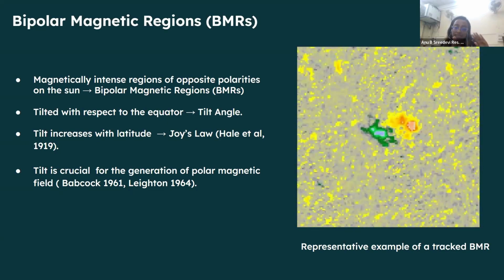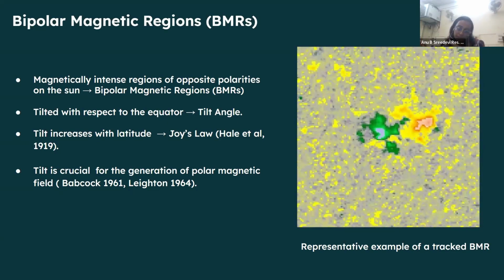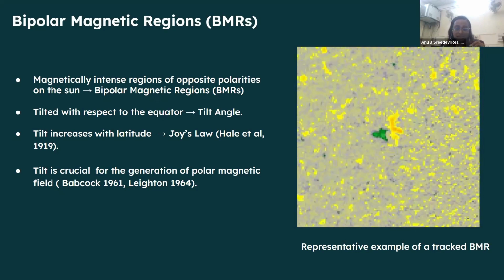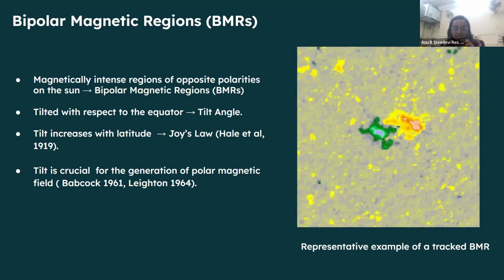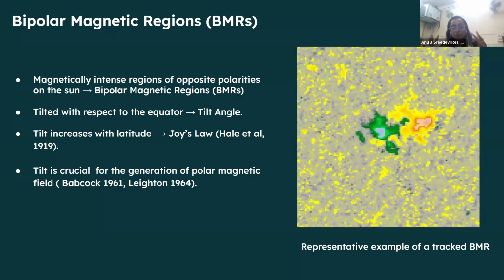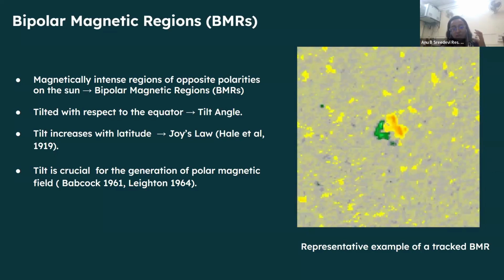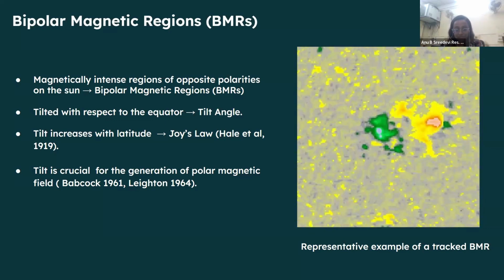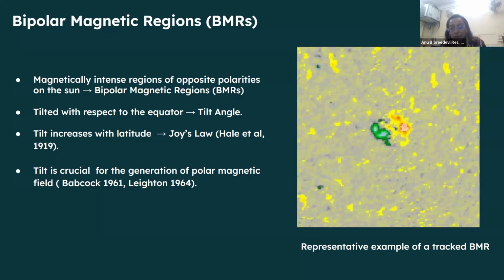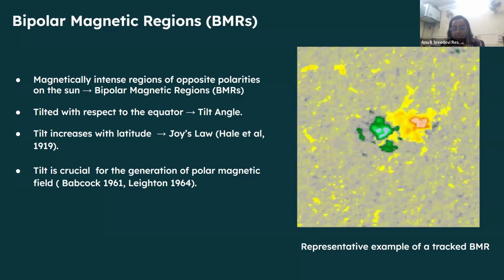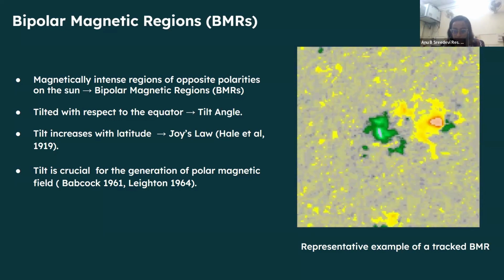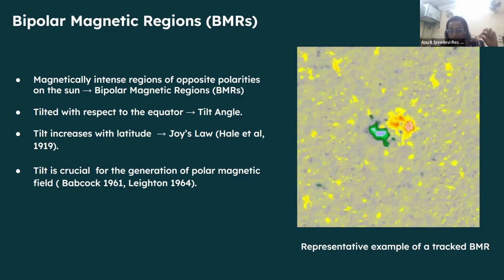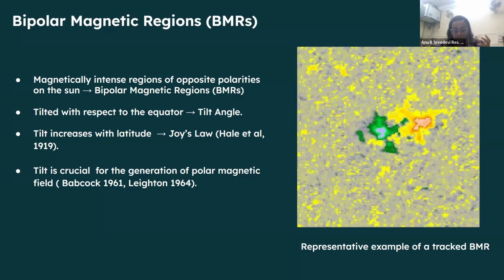If you look at the same in line-of-sight magnetogram observations, you will see that the sunspot pair has polarities, a much more general feature called bipolar magnetic regions, which we call BMRs in short. And usually they form tilted, not parallel to the equator, which is called the tilt angle.